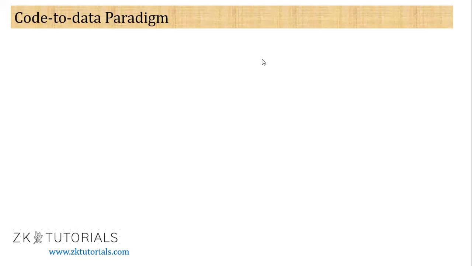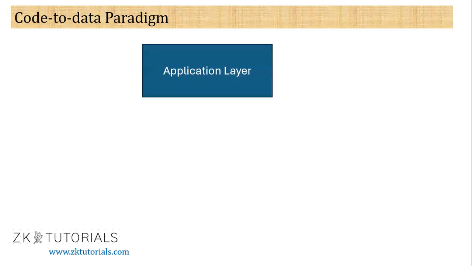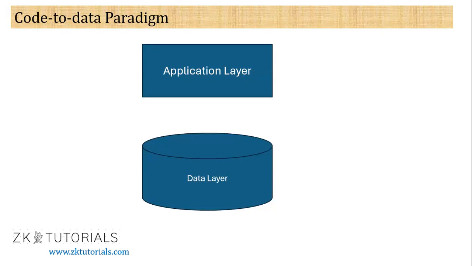So what is code to data paradigm? Here you can see this is our application layer. This is our database layer. Using SAP HANA specific features which you have seen, such as columnar databases, we have seen that SAP HANA is a column store, in-memory database.